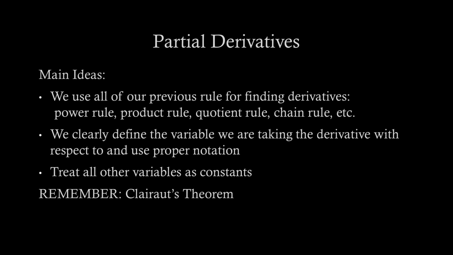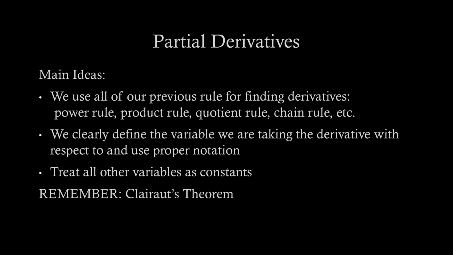And however much practice that takes you to become an expert, that's the amount of time you need to spend practicing these derivatives. The second thing that we want to make sure that we're very, very careful about is clearly defining the variable and using the proper notation. We've got to be neat, we've got to be organized, and because we're using subscripts and multiple subscripts, and we'll have exponents, write big, write clearly, and make sure you're using the proper notation.